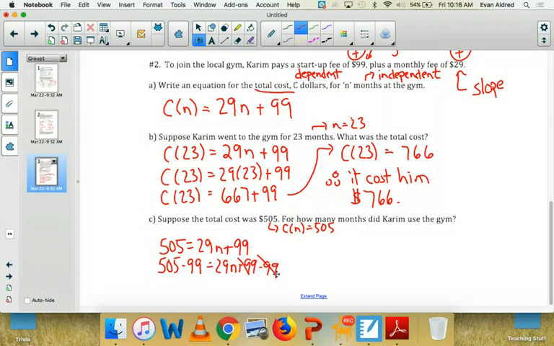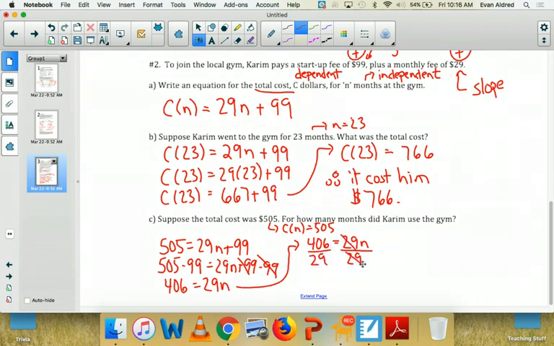So 505 subtract 99 is 406. So we have 406 equals 29n. I'm just going to rewrite it up here so we're not squishing anything in. We don't want 29n, we want 1n. So we divide out the 29. This will give us our number of months.